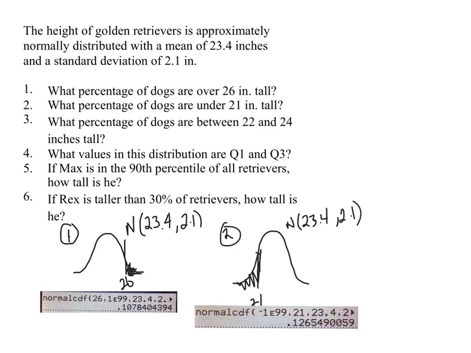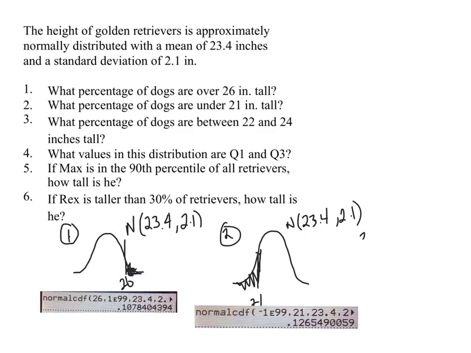Here you can see normal CDF again, and for the lower bound this time I put a negative 1 with a large exponent, so it's way down here. Then the upper bound, mean, standard deviation, so 12.7%.